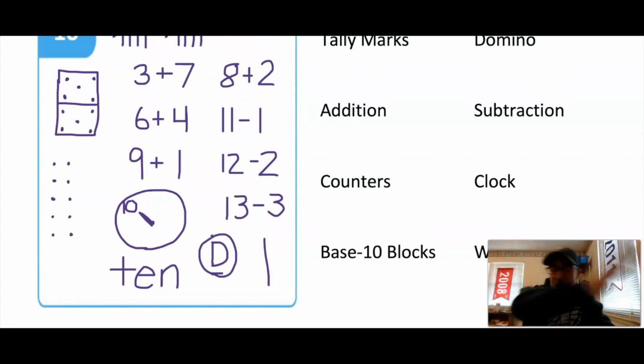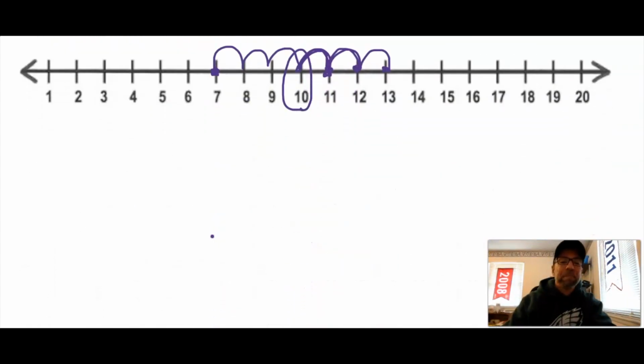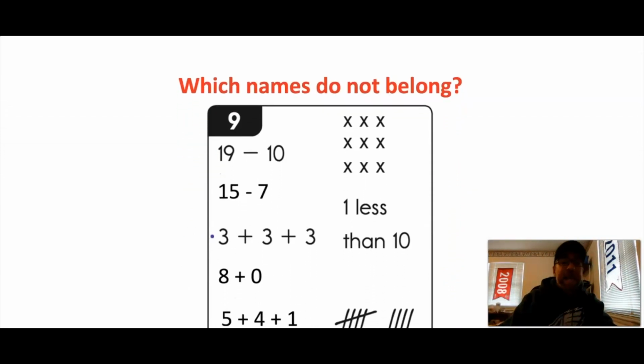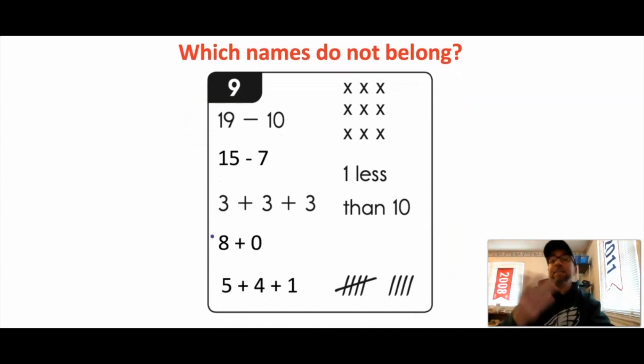Awesome job. Go ahead and erase your whiteboard. Now this is a little bit different. Mr. Renzi has a name collection box that I'm showing you. Our box is all about the number 9. But I made some mistakes.